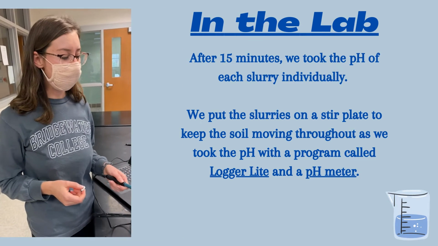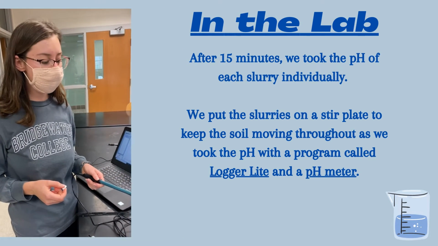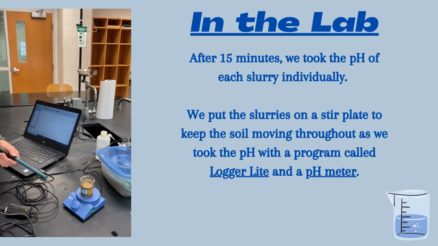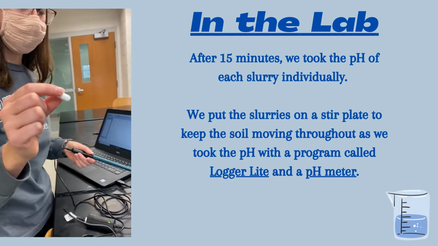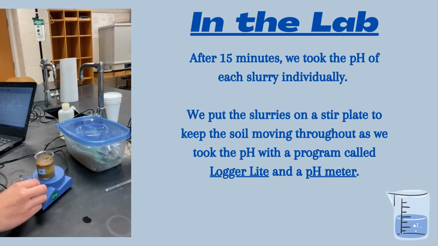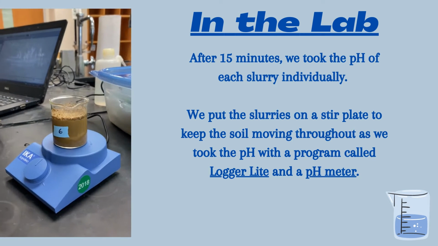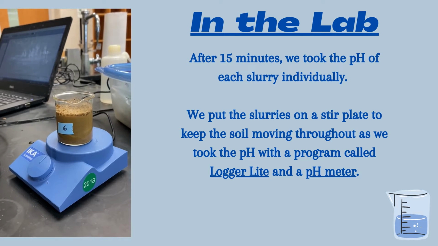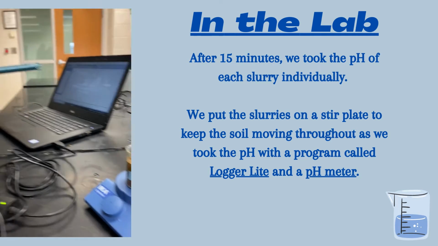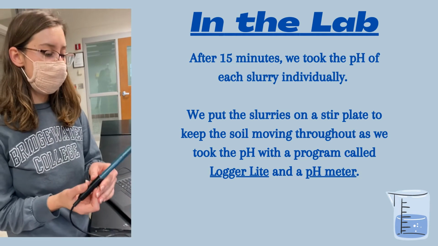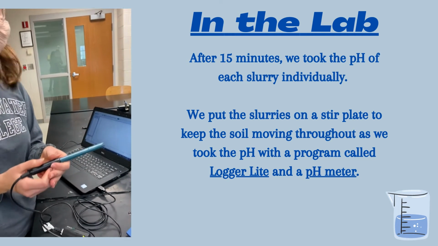After we let our samples sit for 15 minutes, we're going to put them each on a stir plate and drop a stir bar in so it can start to mix. That'll help us get a more accurate pH reading. After that mixes for a little bit, we're going to go in with our clean pH meter.